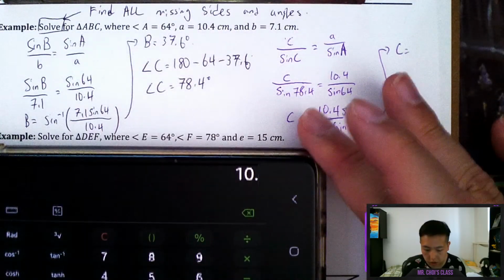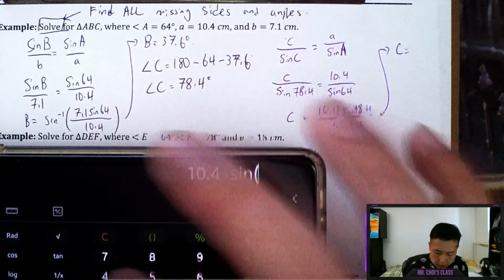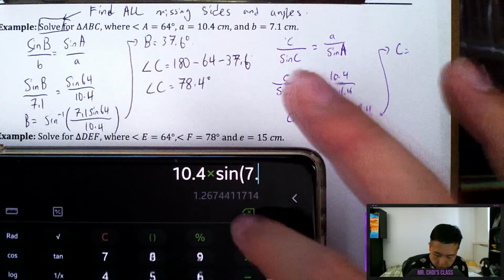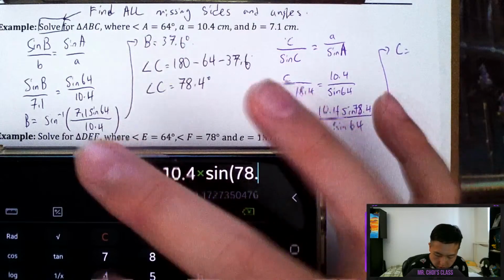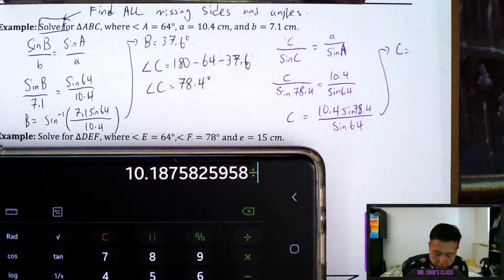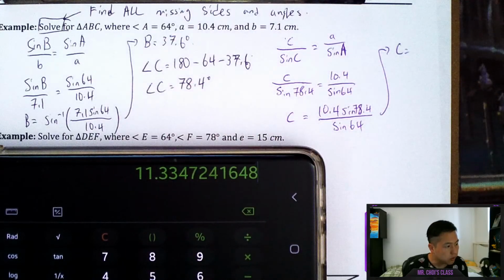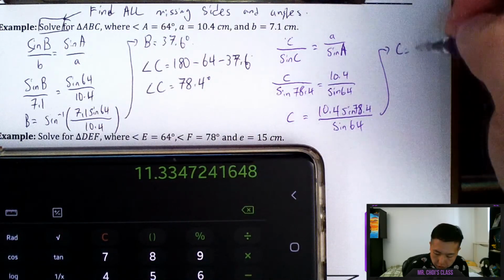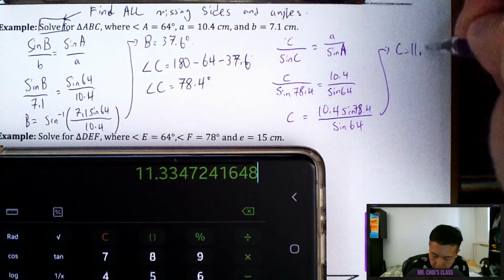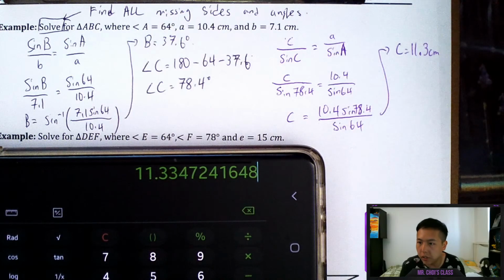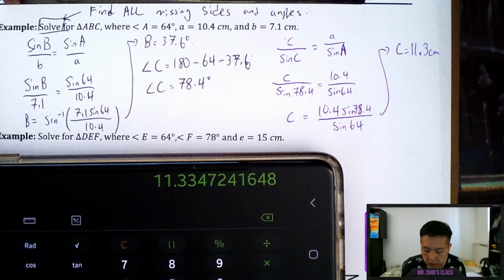So 10.4 times sine 78.4, divided by sine 64 gives us 11.3 degrees. Oh, sorry, not degrees. Centimeters. And there we have it, 11.3 centimeters. Okay, and there we go.